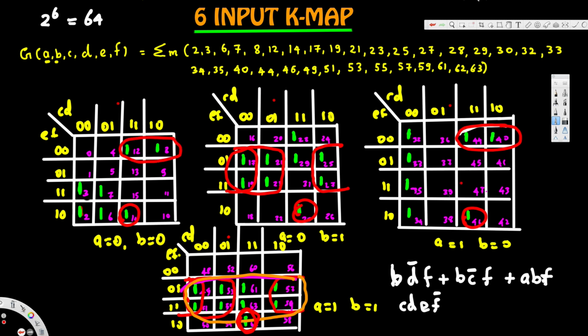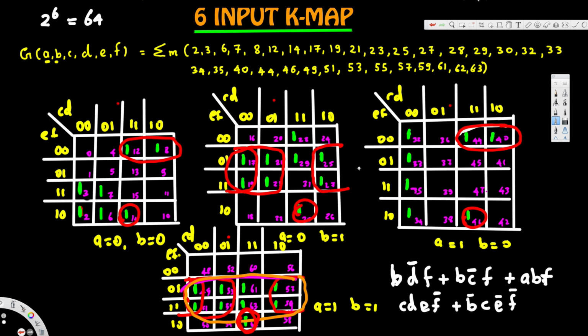So let's look at A and B. A is changing, B is not changing, so we put a B not. How about C and D? C is not changing, so we put a C. D is changing, so we cannot take that one. E and F are not changing, so we put E bar, F bar. Okay, and that is for this one.